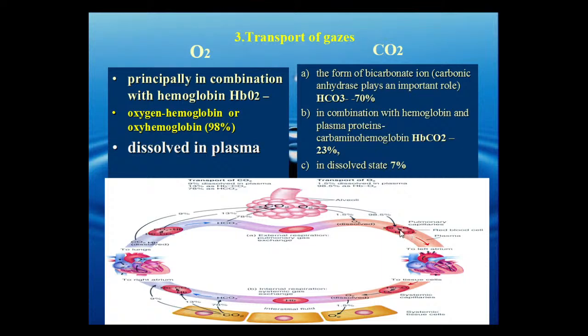These forms of transportation of oxygen come to tissues, where oxygen comes to cells, and carbon dioxide, vice versa, comes from cells to blood, where carbon dioxide can create bicarbonates or associate with hemoglobin, and the last part, the dissolved part. In such forms of transportation, carbon dioxide comes to alveoli and goes out from the organism.